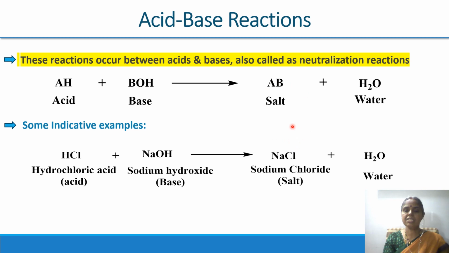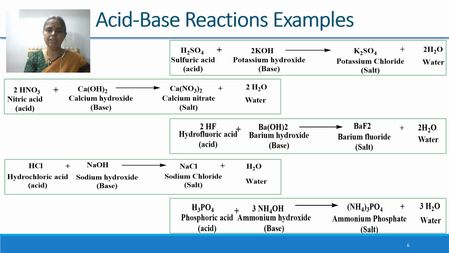Together they form the salt AB along with water, which is the combination of H+ and OH-. As an example, hydrochloric acid reacts with sodium hydroxide, then you get NaCl as the salt and H2O as water. So, acid plus base forms salt and water.